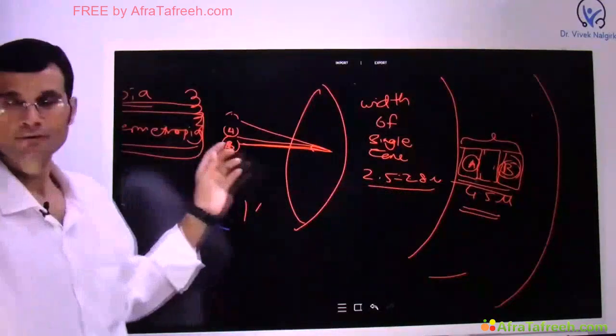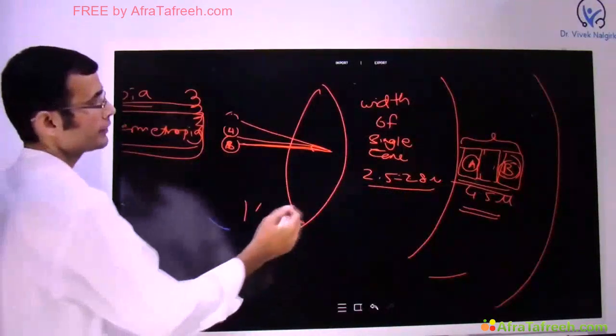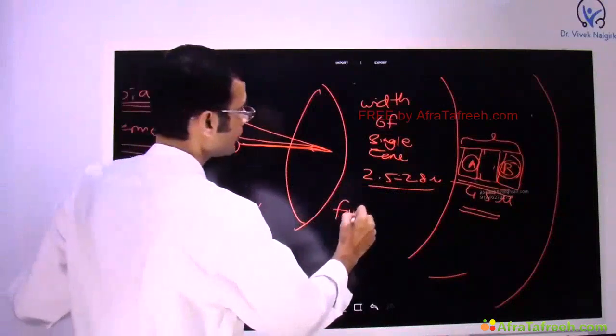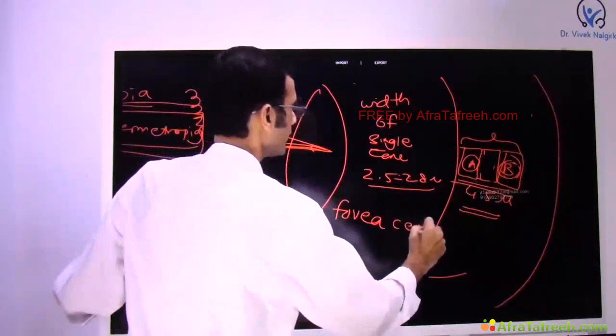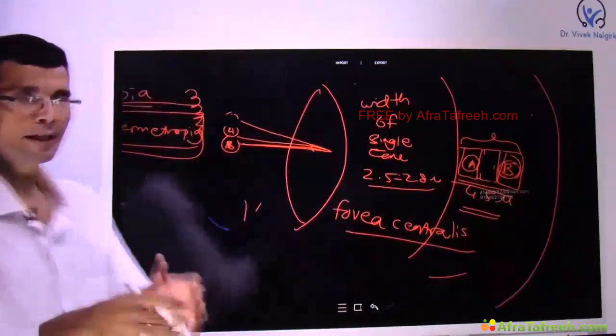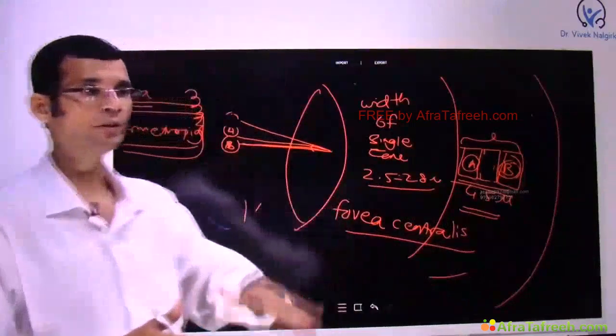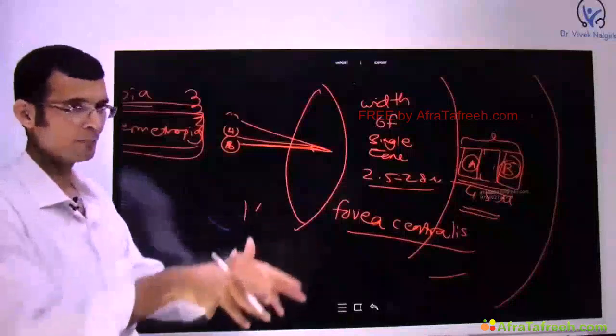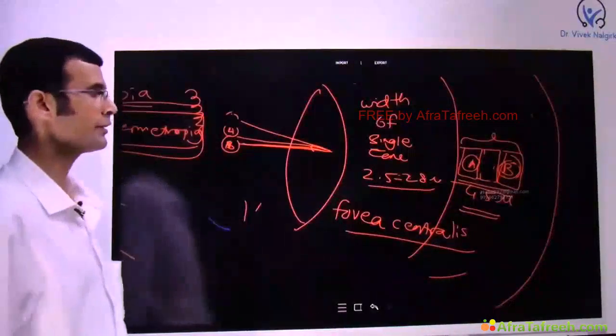Now, this visual acuity is maximum at the fovea centralis. You see, near the central part of the retina, there is a depression called macula lutea, and the central part of it, the fovea centralis.